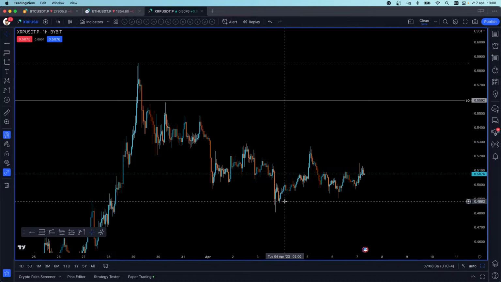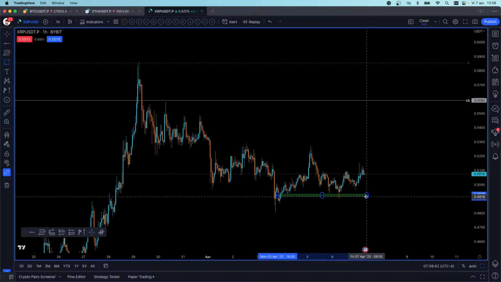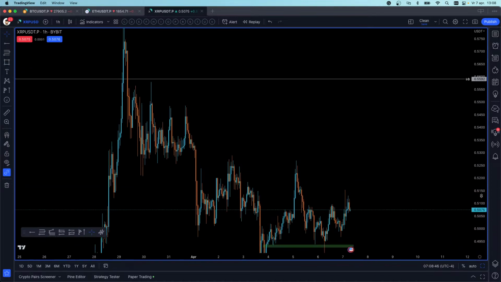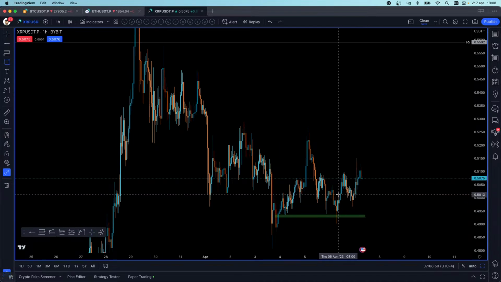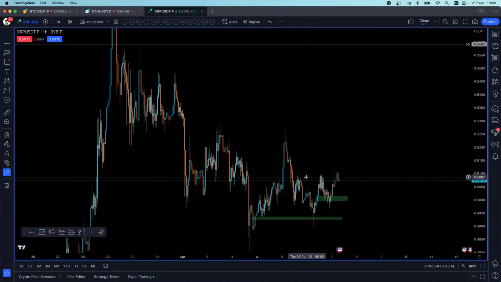Here we broke higher, little gap, and look where it bounced. Wick bounce. Here, little gap, bounce.